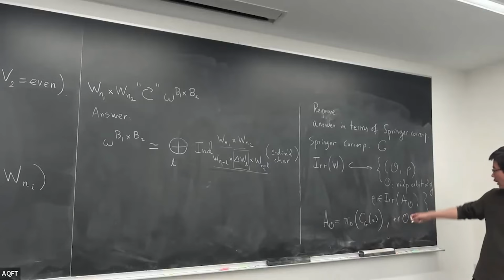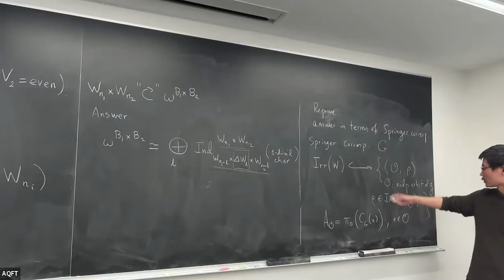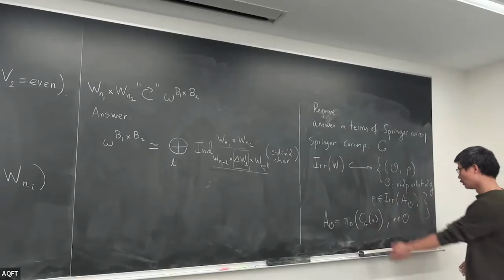Pick any element in the orbit, you get the centralizer.